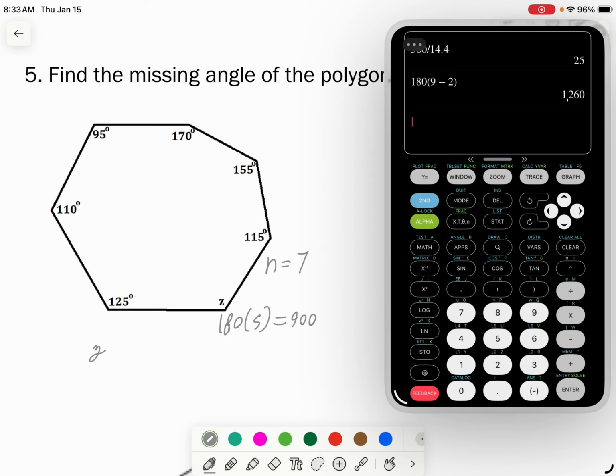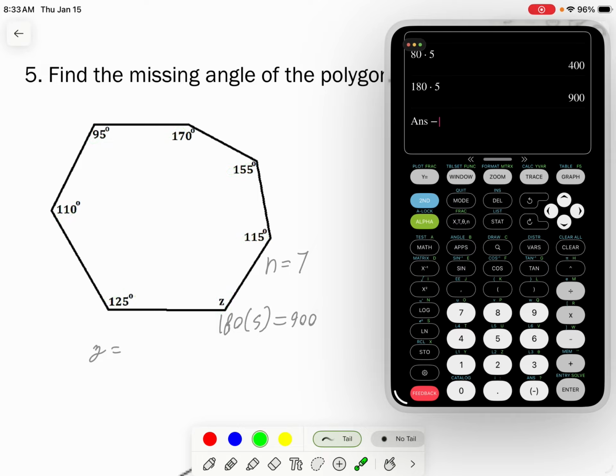Let me just double check that. 180 times 5. 900. So that is 900 degrees, and I know that the sum is 900, so in order to get this one, I can just subtract out each of those.